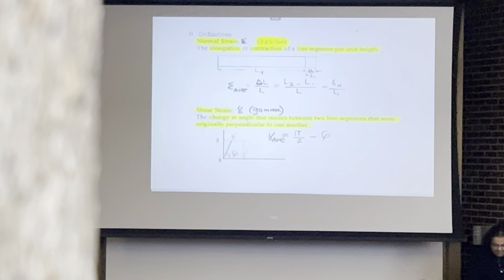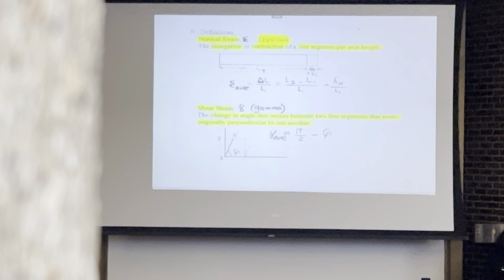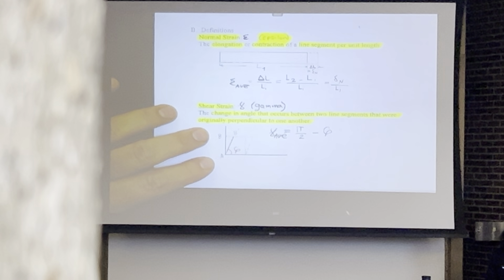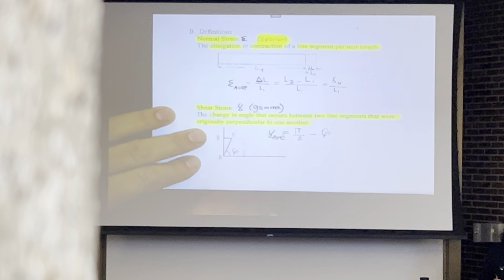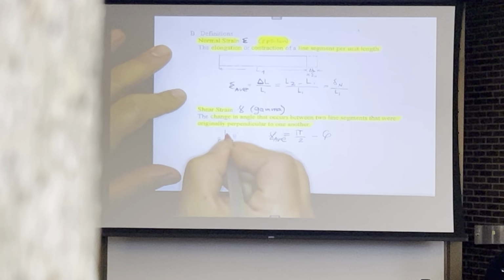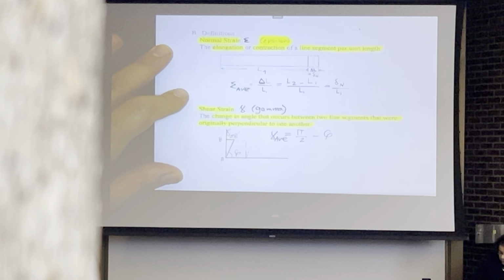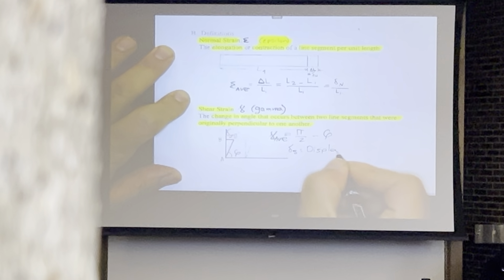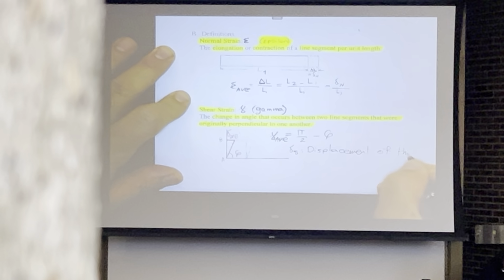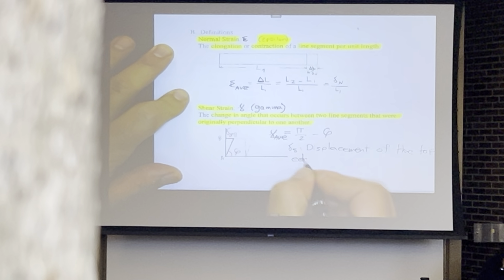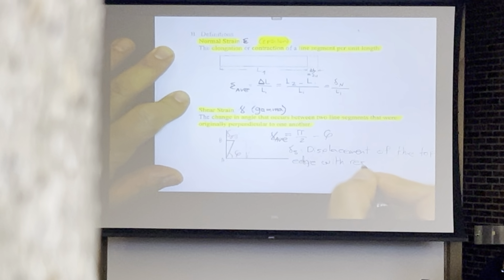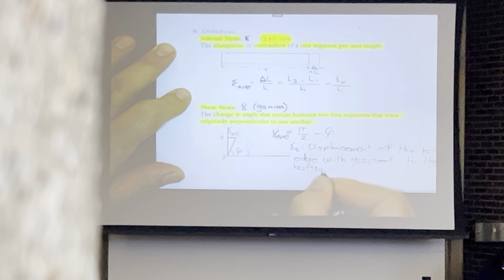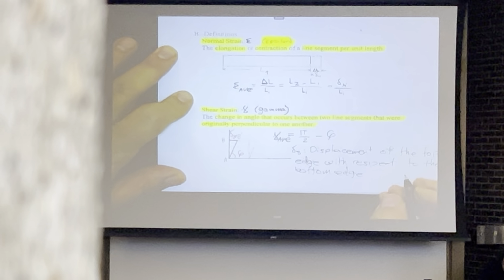So how can this be calculated? As you can see, in order to change this angle, this segment AB has moved to a new location, AB prime. So we have a movement of point B from B to B prime. If we show that with delta S, we can say that delta S is the displacement of the top edge with respect to the bottom edge of the element of material.